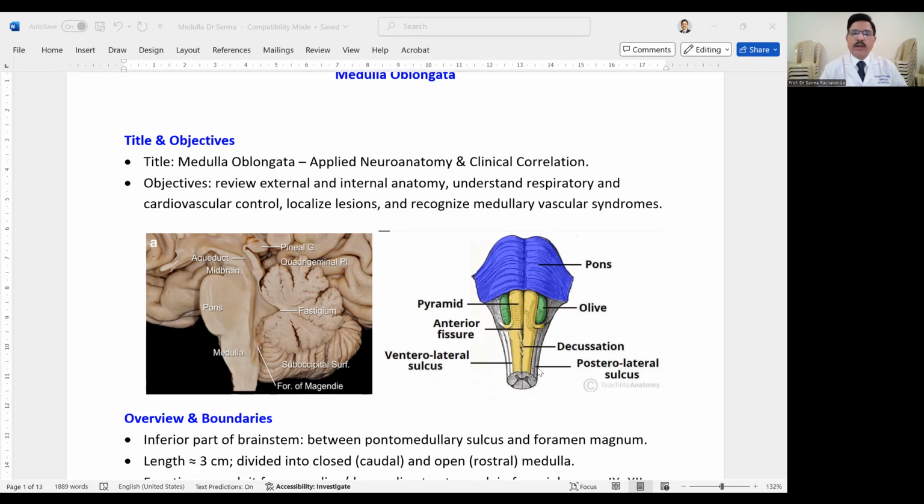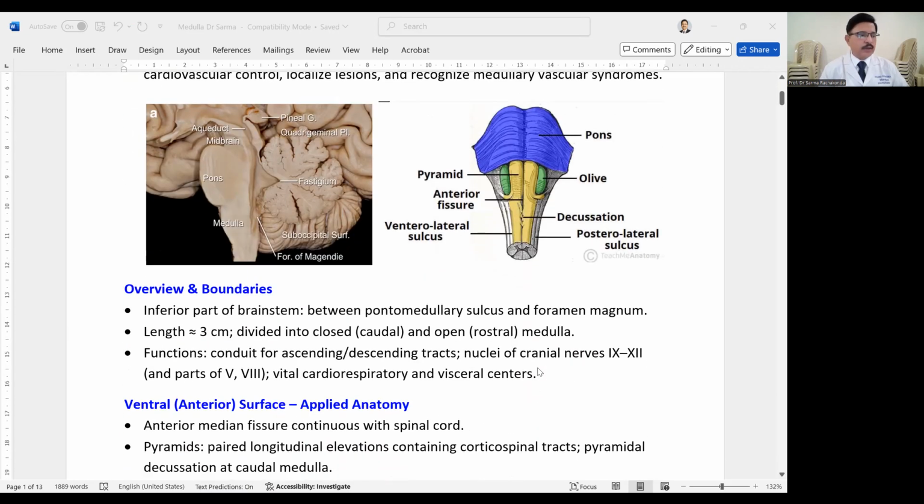Mainly we'll look at the boundaries of this particular medulla, the inferior part of the brainstem, between the pontomedullary sulcus and the foramen magnum. You can see here, that's the pontomedullary sulcus, the upper portion.